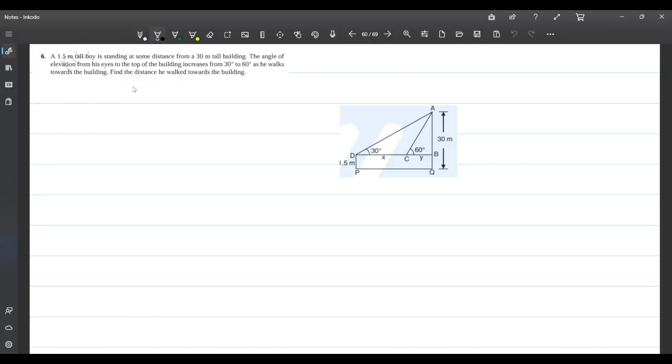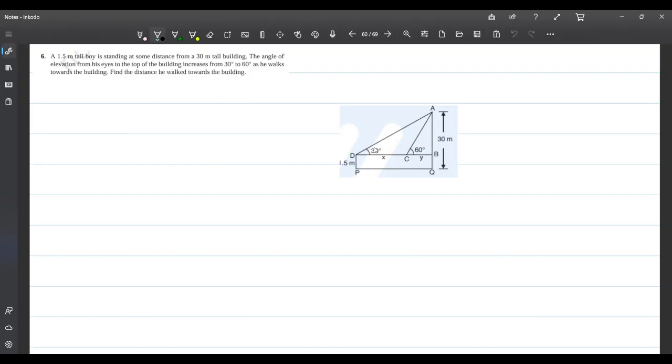A 1.5 meter tall boy is standing at some distance from a 30-meter tall building. So in this, suppose that this is the boy, this is 1.5 meter tall and standing at some distance from a 30-meter tall building. So this is 30 meter, and the angle of elevation from his eyes to the top of the building increased from 30 to 60 degree as he walked towards the building.